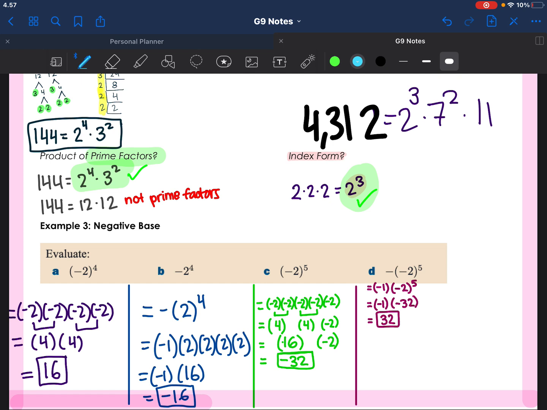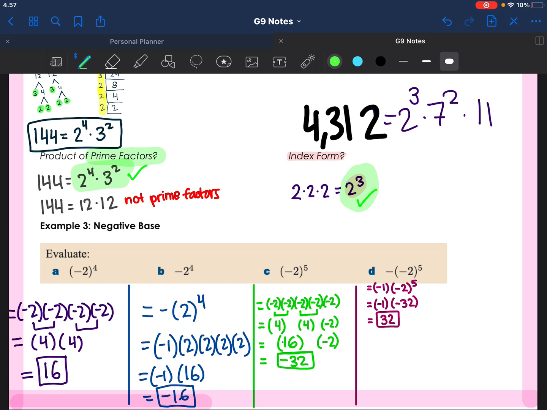Okay, so the first one, 3a, there's a parenthesis around the base, right? So that means that the thing inside of the parentheses, we multiply it by itself 4 times. So we get 16.